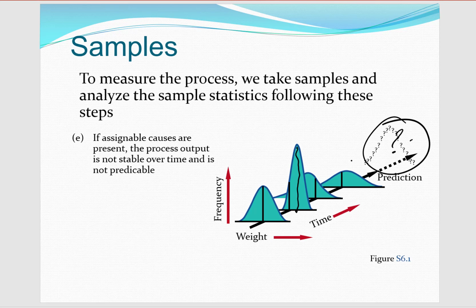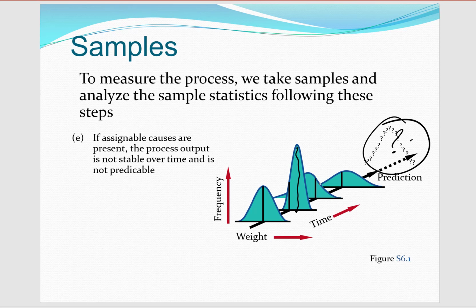When a process is acting like this, then it's fairly certain that there are assignable causes of variation present. And if so, then we cannot really say much about the capability of it and whether or not it's going to meet the customer's expectations.